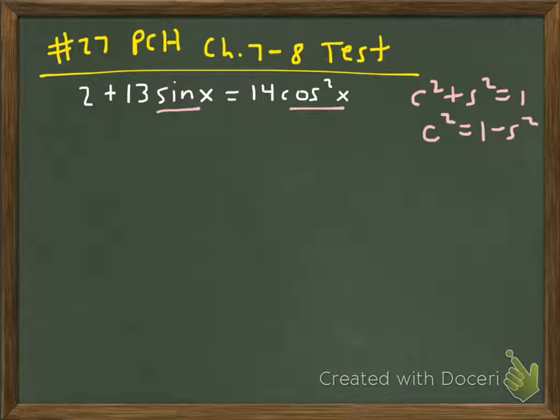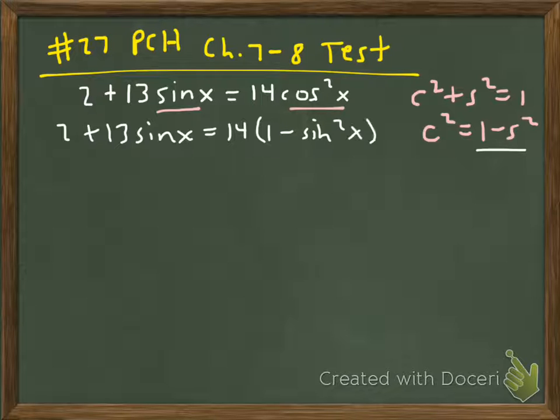And so we're going to rewrite this as 2 plus 13 sine x equals 14 times now the 1 minus sine squared x. Okay? And now we're going to gather all the terms to one side. I'll let you figure out the math on this. I'm going to have a negative 14 sine squared, so that's going to be a 14 sine squared on the left. I have a plus 13 sine.